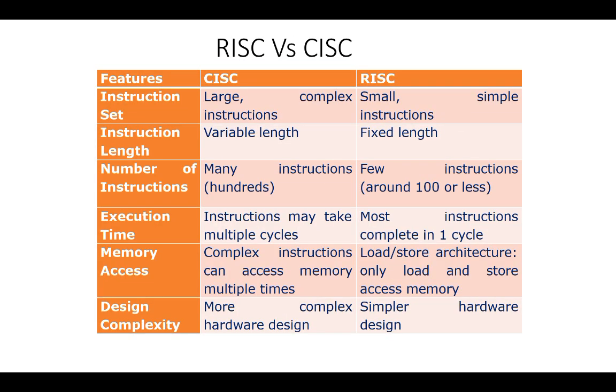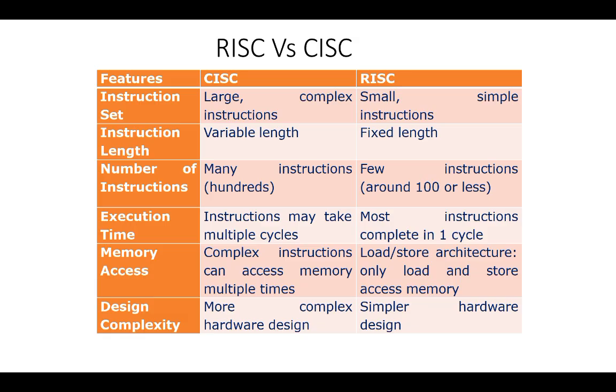First, with respect to the instruction set, the CISC processor carries a large instruction set, while RISC has a simple and smaller one. For instruction length, RISC has a fixed length of around 32 bits, while CISC has a variable length.